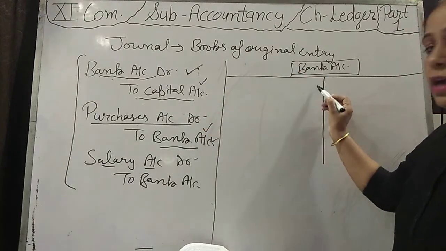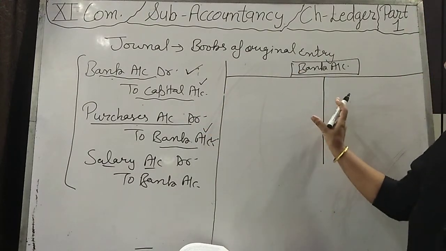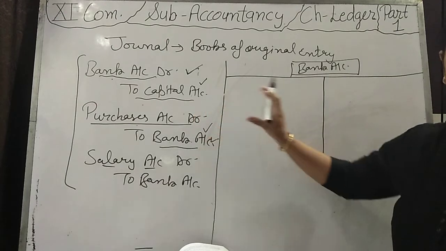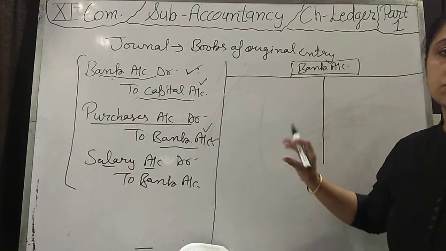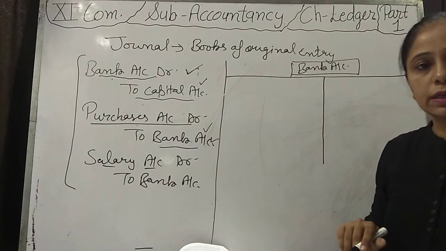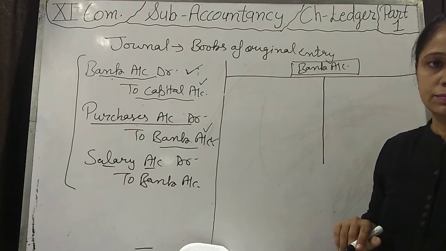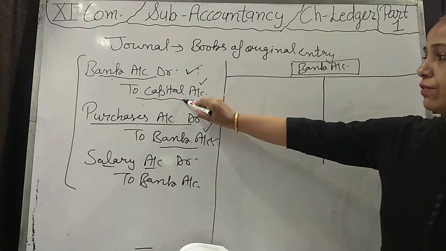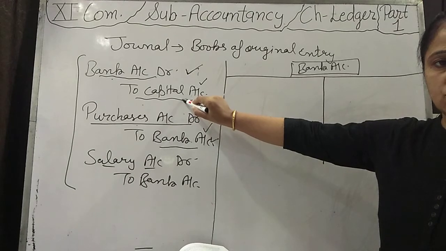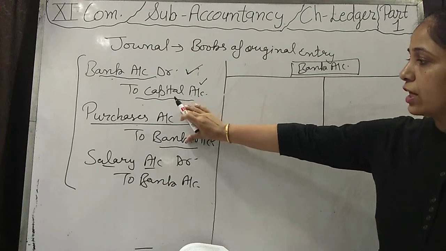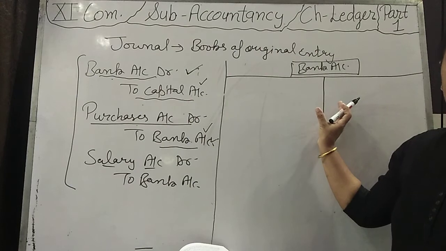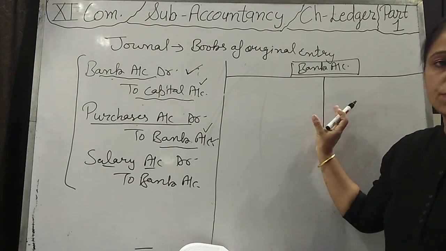जर्नल से अकाउंट लेजर अकाउंट में जब हम कोई भी ट्रांजेक्शन्स लिखते हैं, that is known as posting. उसको हम क्या बोलते हैं? पोस्टिंग. Okay, in journal we will record the transaction, that is known as journal entry, and from journal then we will make the account, that is known as posting.